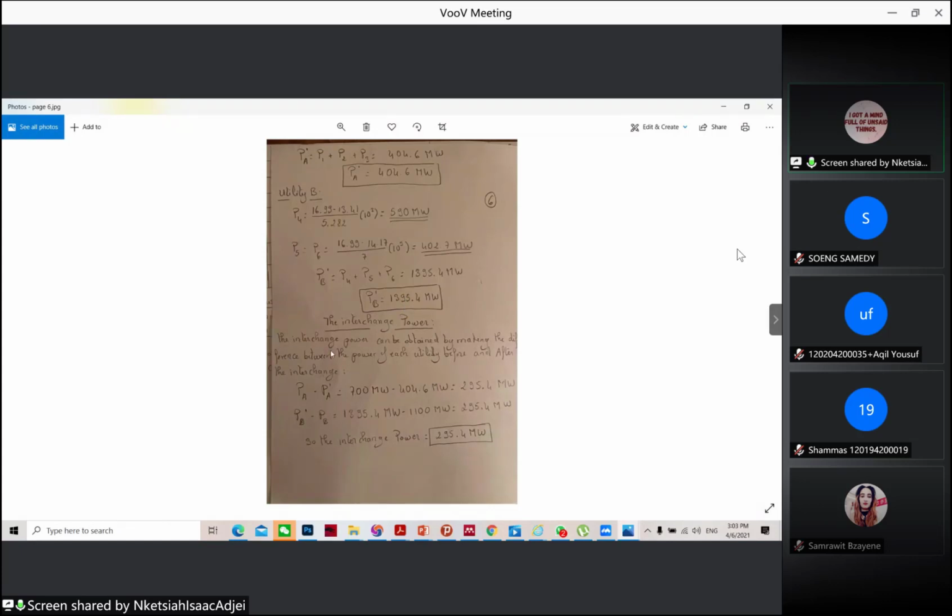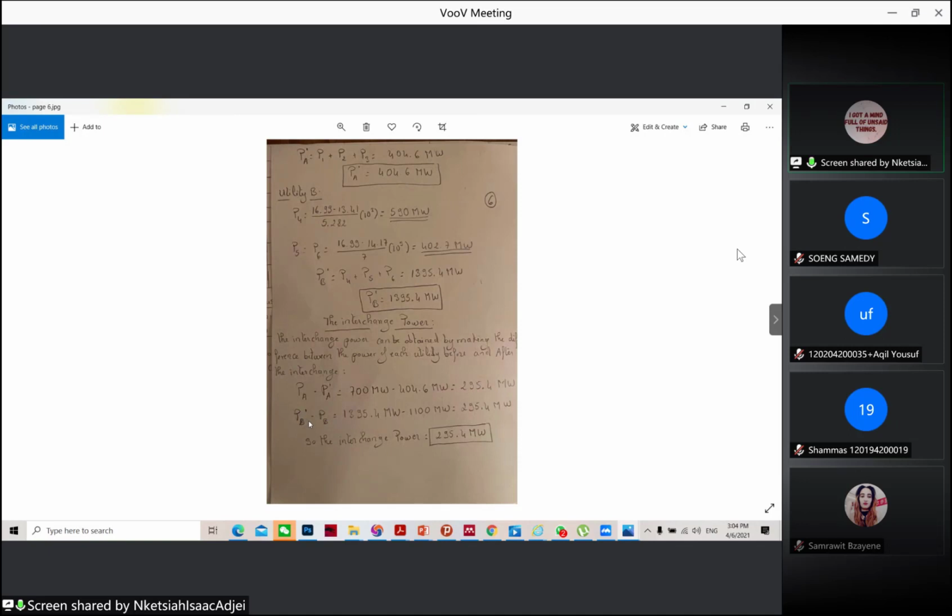So during their interchange, we can obtain these values. P1, that is utility A and utility A prime, will give us: under utility A we had 700, and under utility A prime we had 406 megawatts. By calculation, this gives us a total of 295.4 megawatts.